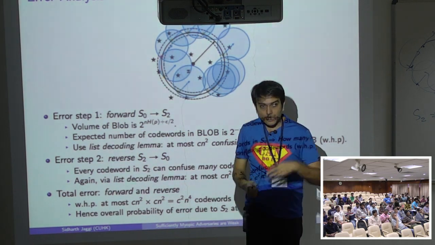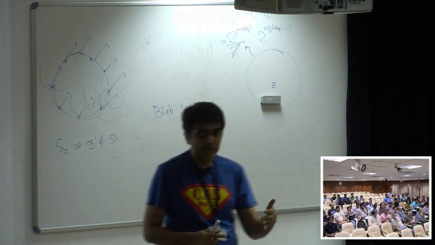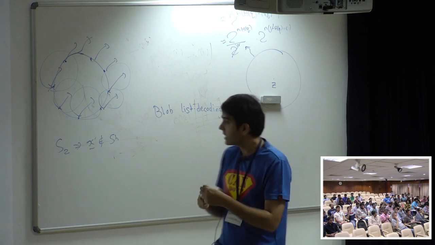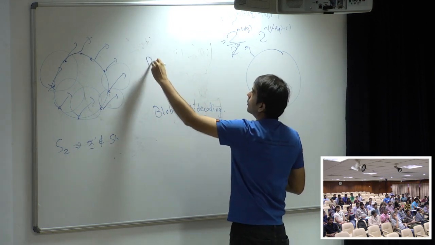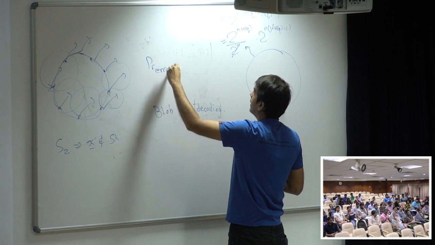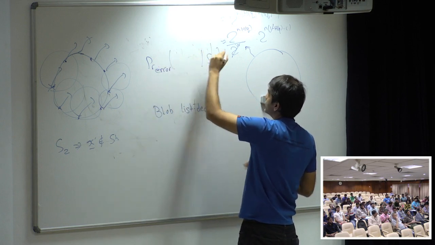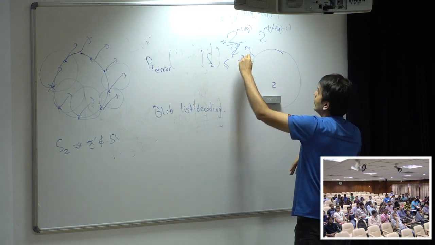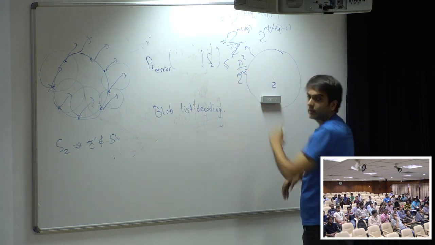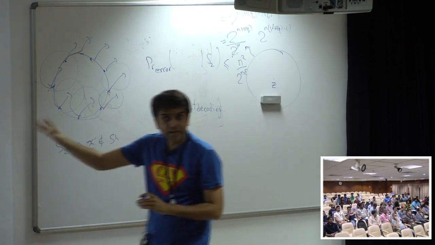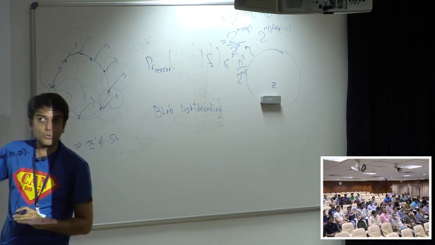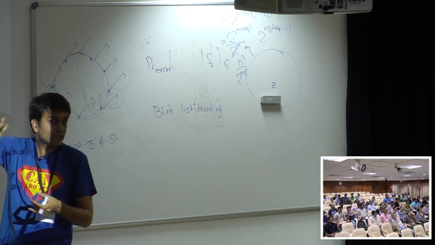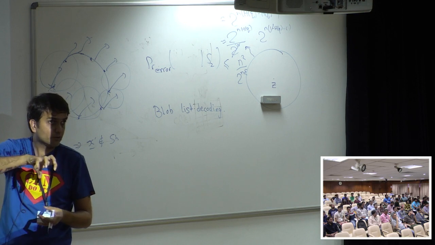So at first sight, it looks like the probability of error, at least due to these types of code words, conditioned on S2 types of code words, is less than n² over 2^(nε), right? Because there are only n² confusing code words, but there are 2^(nε) balls, so it can't be too large. Only n² balls would be confused.